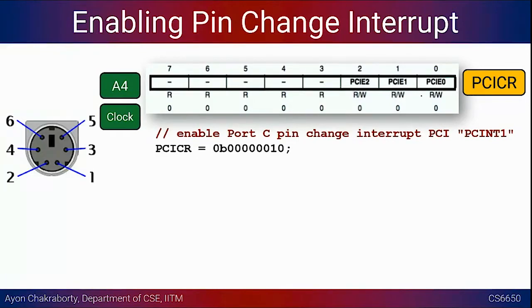We are just using the last 3, bits 0, 1 and 2, to configure the register, and in our case it will be port C. So we are just putting a value of 1 in this particular bit. So the PCICR with that bit set to 1 is going to enable the port.